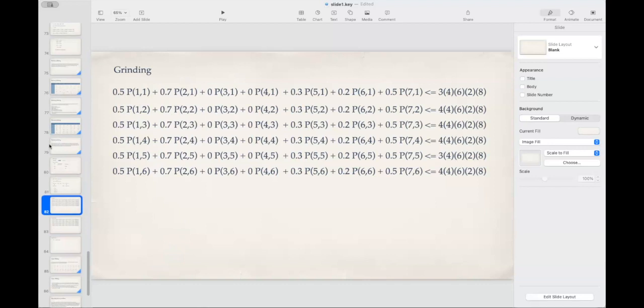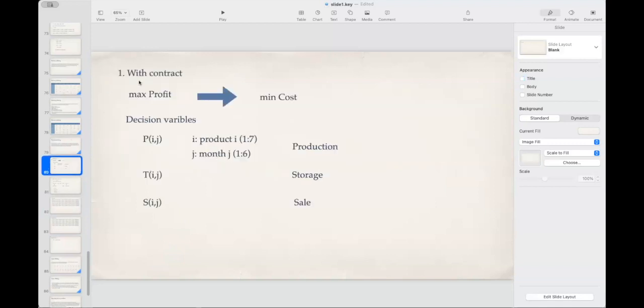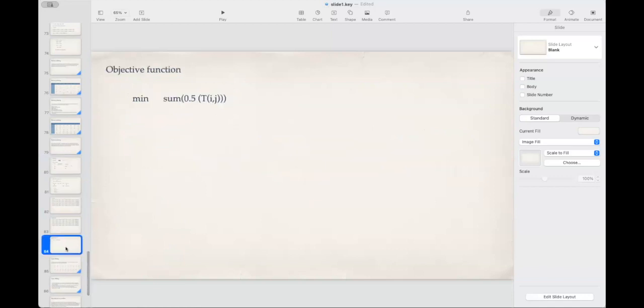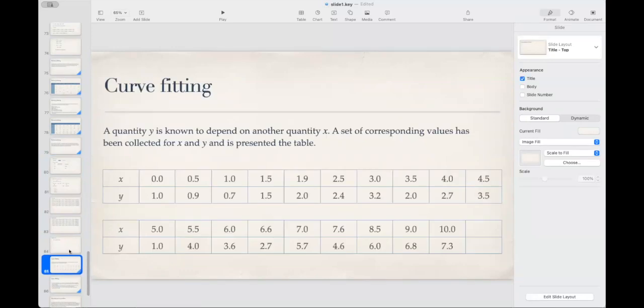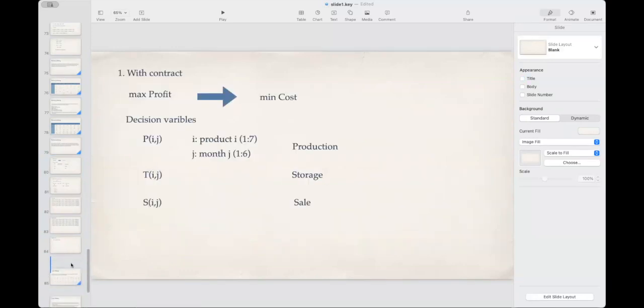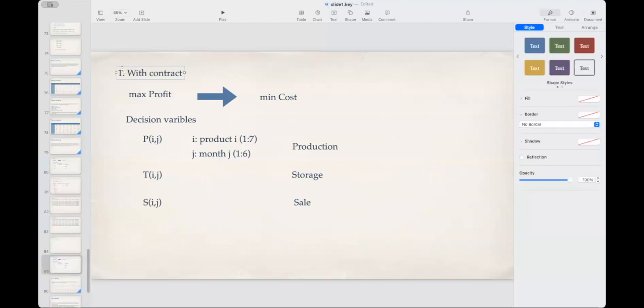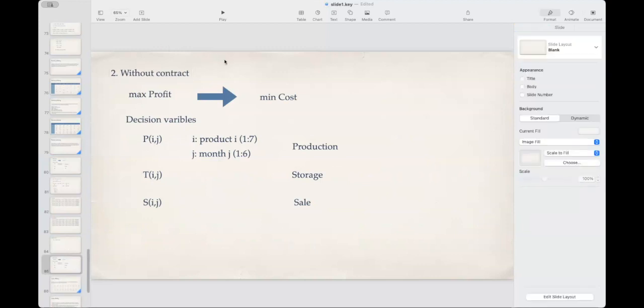Obviously, if this is not fixed without contract, second, if without contract, what happened? If without contract, of course, the decision variable is still the same.